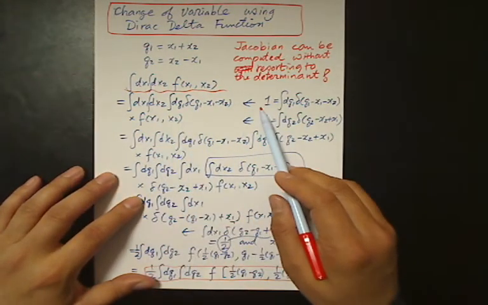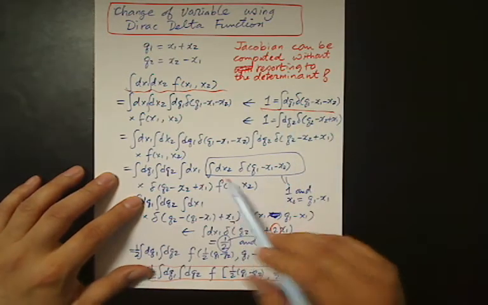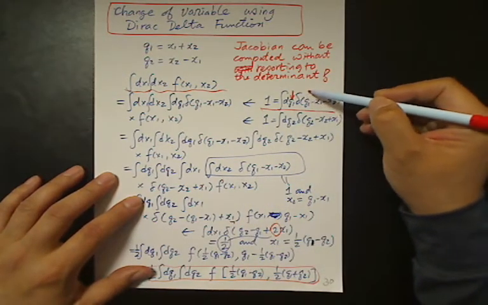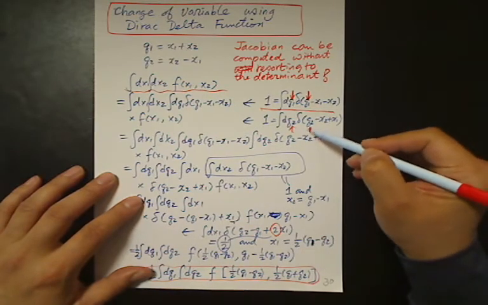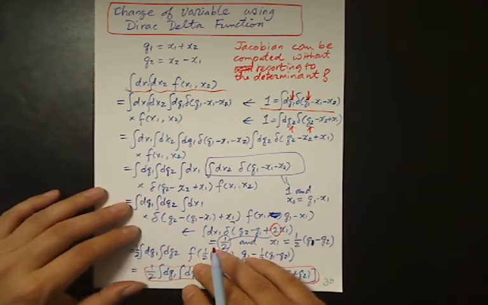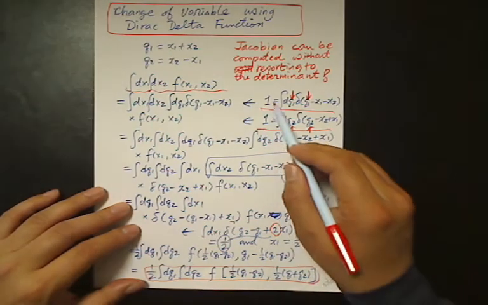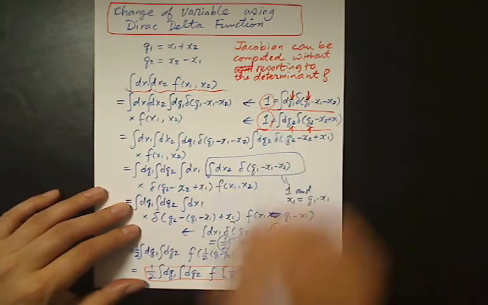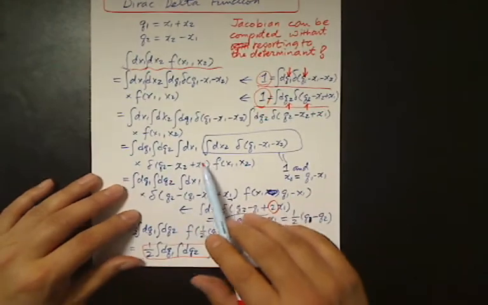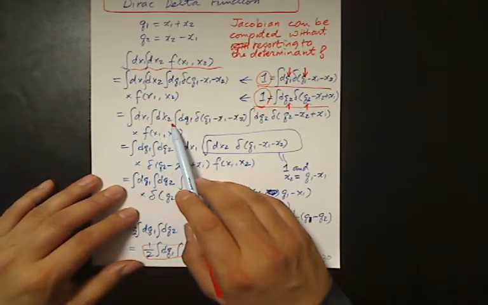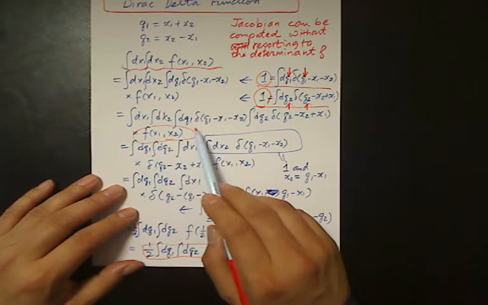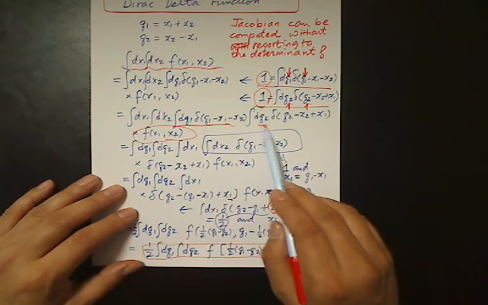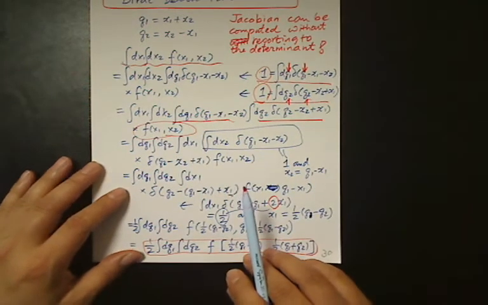First, we multiply identity. This is the delta function for Q1, and this is the delta function for Q2 integral. We insert this identity, unity, twice. Then what we find is dx1 dx2, this integral. This is the integral, original integrand, and the product of delta function integrals.